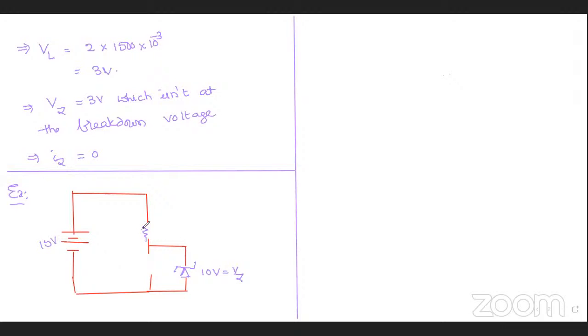This is the series resistance, 500 ohm, and this is 1500 ohm. Okay. Right. What is the current through the Zener diode? As usual, IZ equals how much?